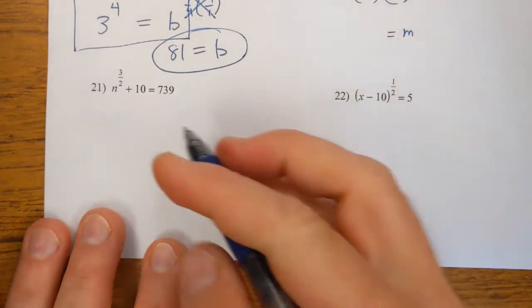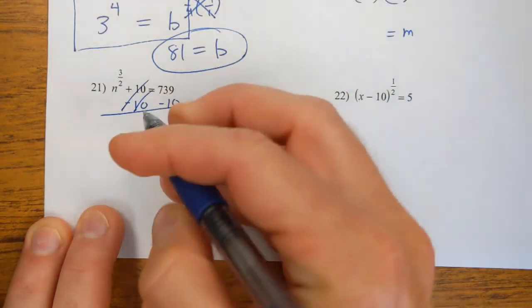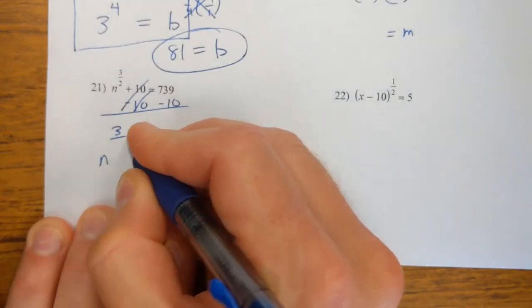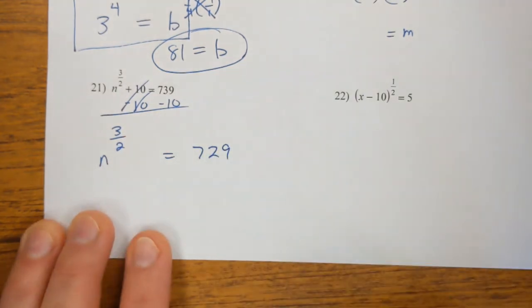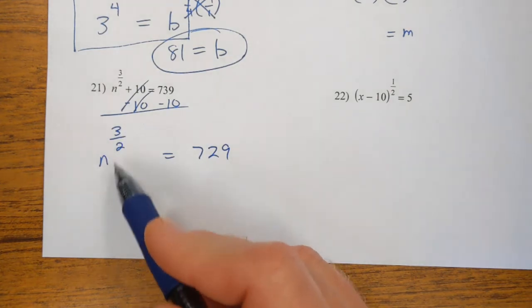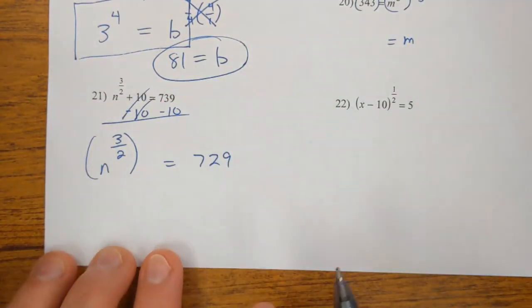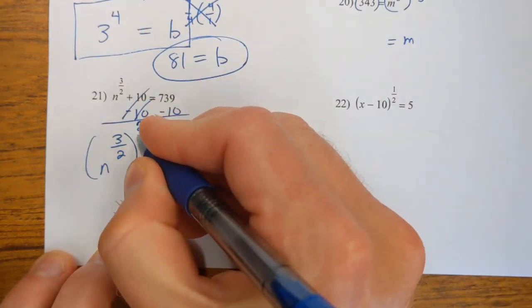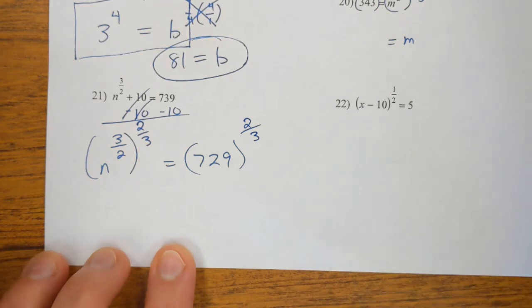It's the same idea though. Here, I'd actually have to subtract this 10 from both sides first. And n to the 3/2 power equals 729. But the way I get rid of a 3/2 power is I take it to its reciprocal power. I'm going to take it to the 2/3 power. Now I have to do that to both sides of the equation.